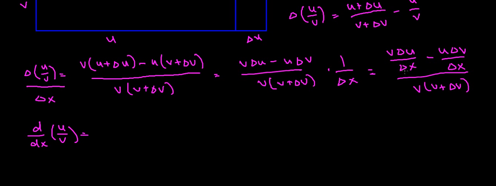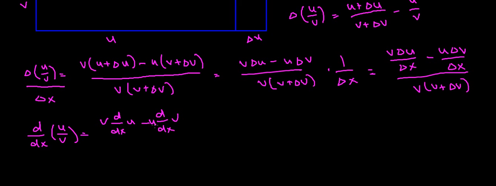As the change in x approaches 0, v will just be v. Change in u over change in x, that's the derivative of u. As the change in x approaches 0, u will just be u. Change in v over change in x, that will be the derivative of v.